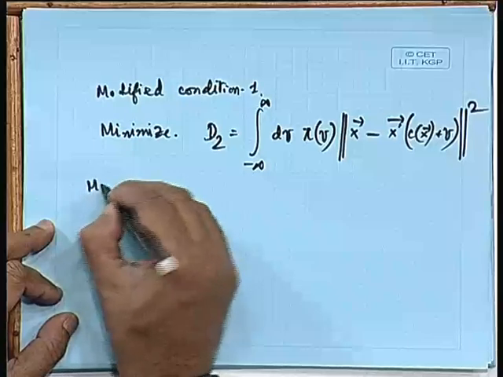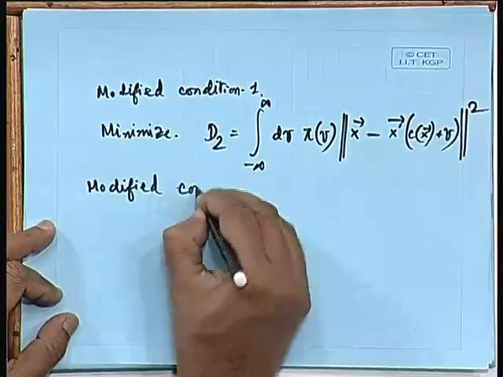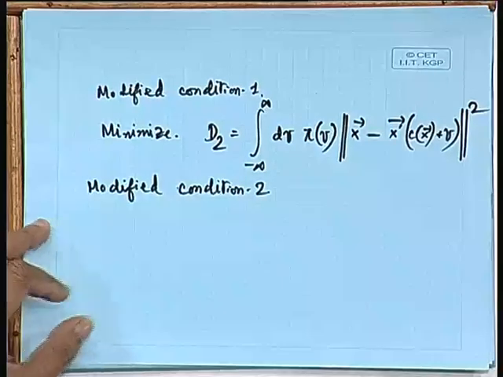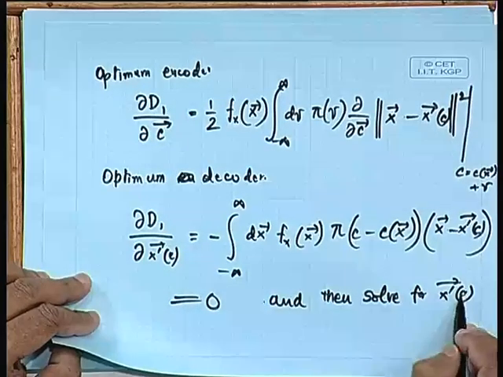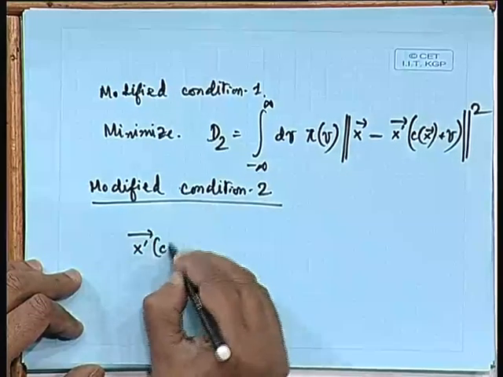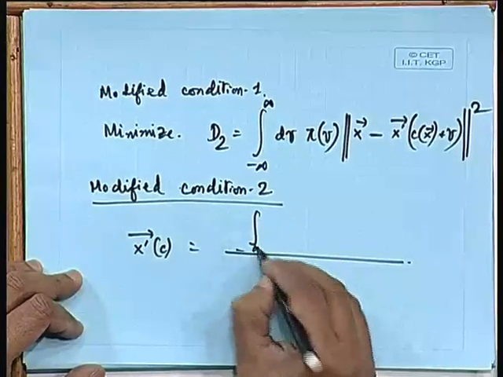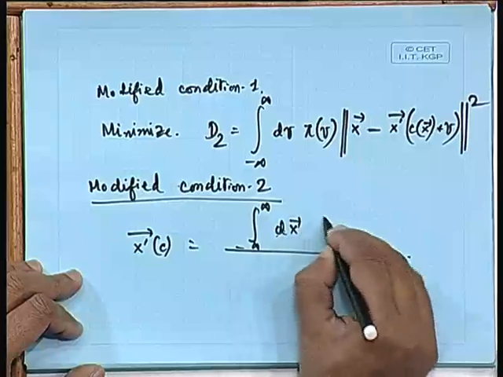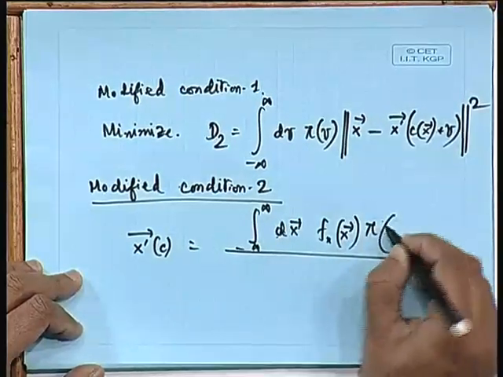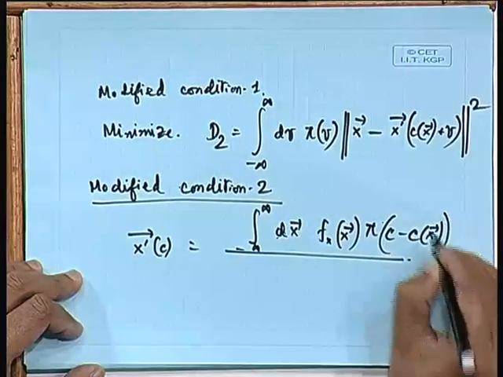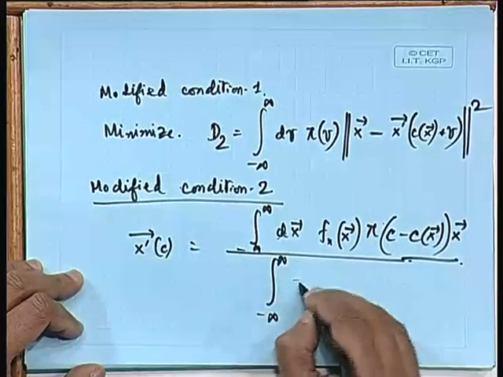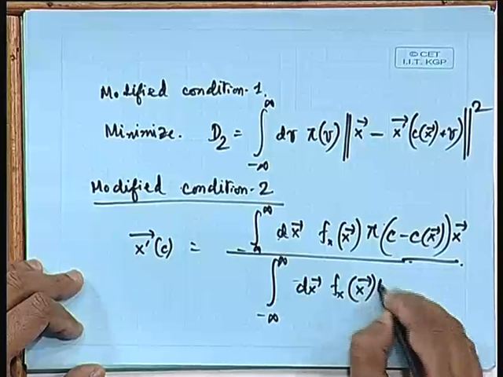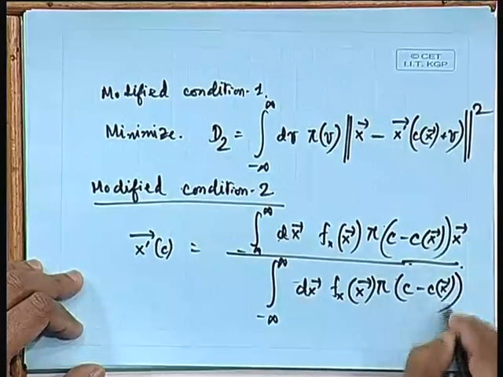The modified condition 2 will be obtained by solving the optimum decoder term, that is, setting dou D1 by dou x prime C to 0 and then solving for x prime C. The solution is given by the integral from minus infinity to plus infinity dx f_x(x) pi of C minus C of x, times x, in the numerator, and in the denominator the integral from minus infinity to plus infinity dx f_x(x) pi of C minus C of x, without the x term.